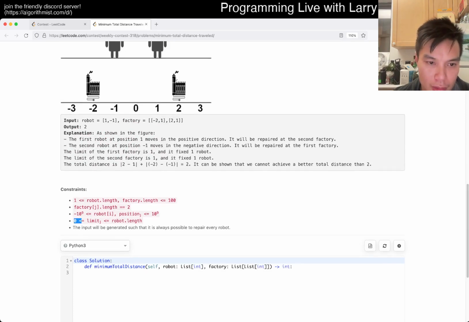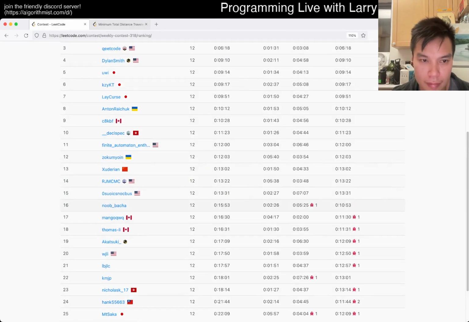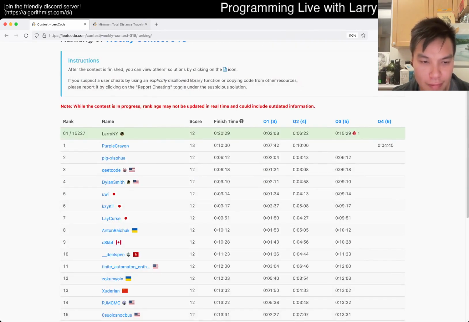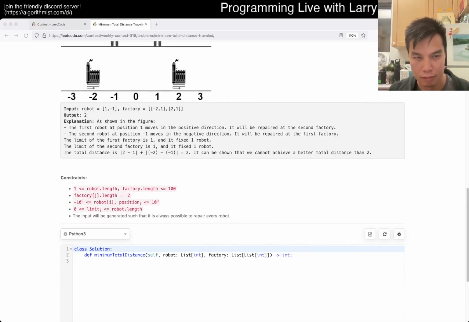Precision's 10 to the 9. Do I have a max flow library?